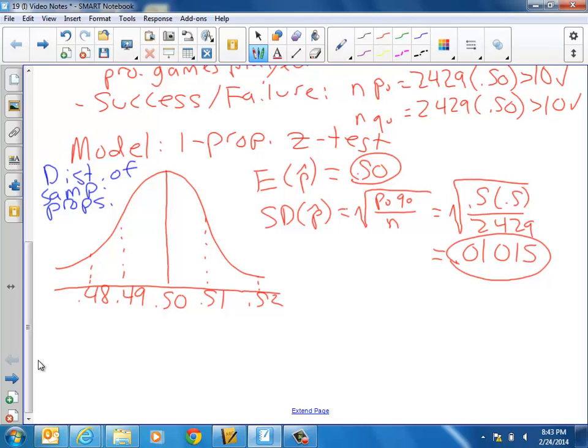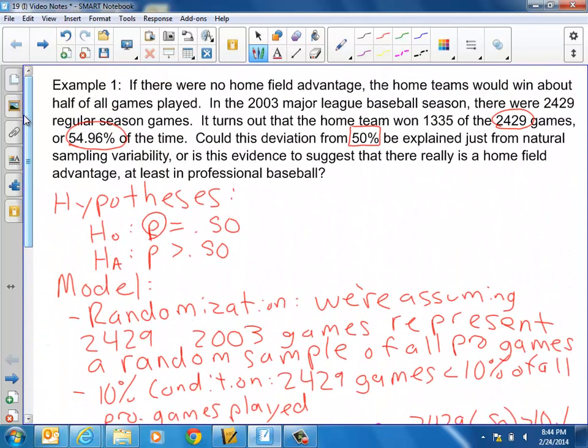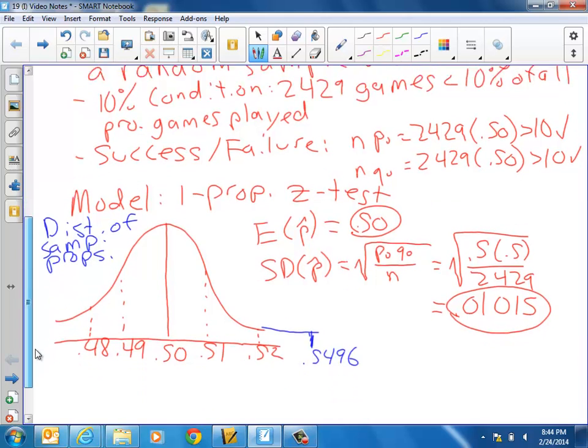So now we know that the defendant, or not the defendant, but our sample says that we actually have a win rate in 2003 over here of 0.5496. Awfully high, awfully high. And we're trying to build up the argument that p, the true population proportion of success, that is to say the true percentage of wins that you're going to have at home, is greater than 0.50.